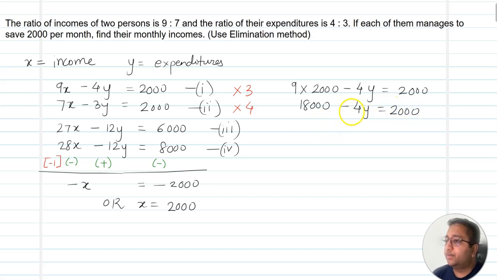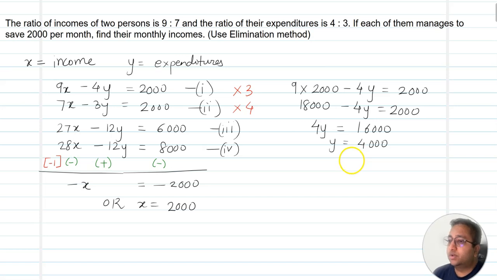Further simplifying, I will put minus 4y on the right hand side. That will become positive. So 4y is equal to 18,000 minus 2000, which is 16,000. And this will give me the value of y as 4000.